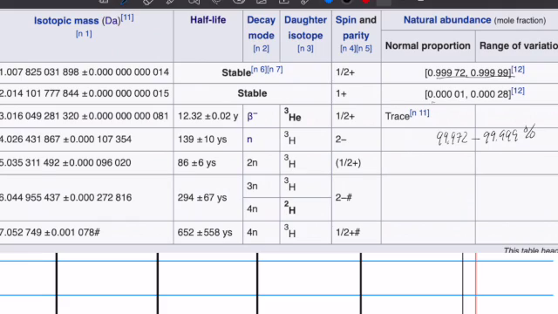Similarly, this next isotope goes from 0.001% to 0.00001%, such that these two add up to 100, and these two add up to 100.